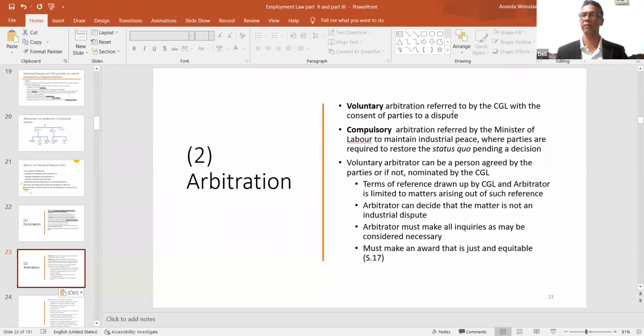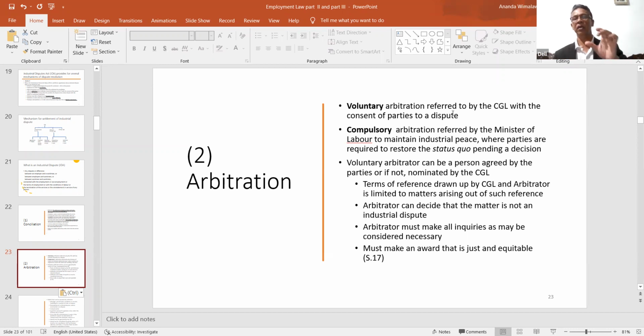Then what is the procedure? Then the matter will be referred to the minister, irrespective of their consent. The minister by post can refer that matter for arbitration. That is known as compulsory arbitration.